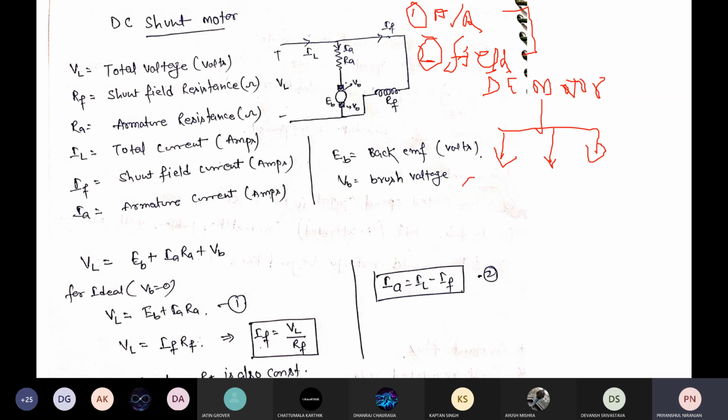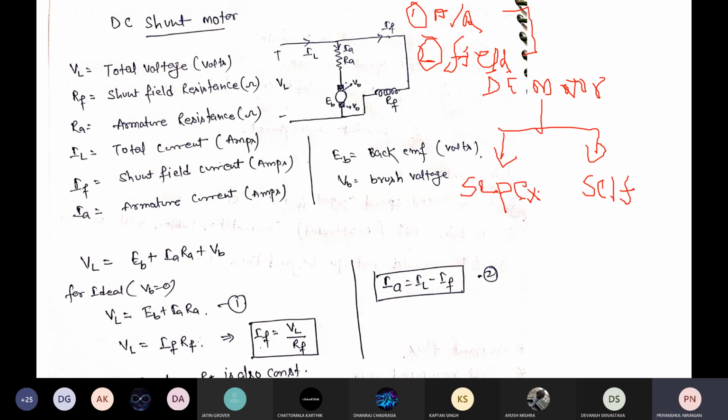First one is separately excited, and second one is self excited. Self excited is divided into two parts. So first one is separately excited and second one is self excited.